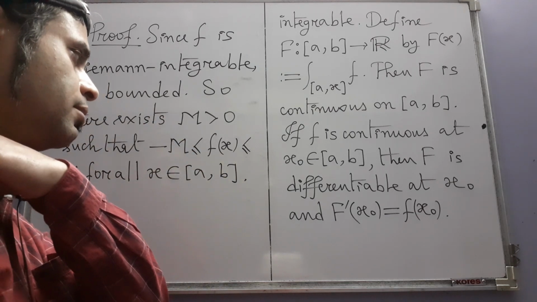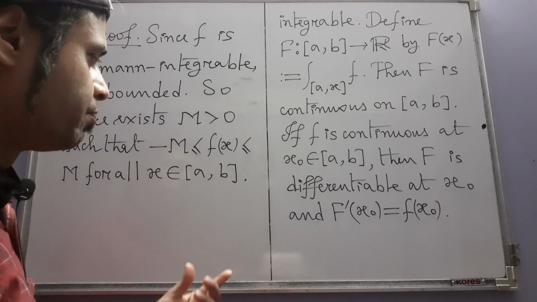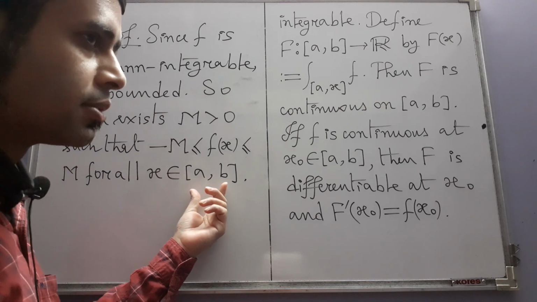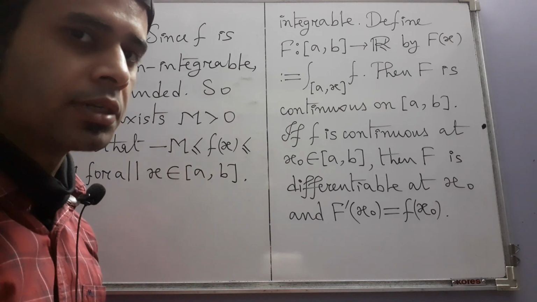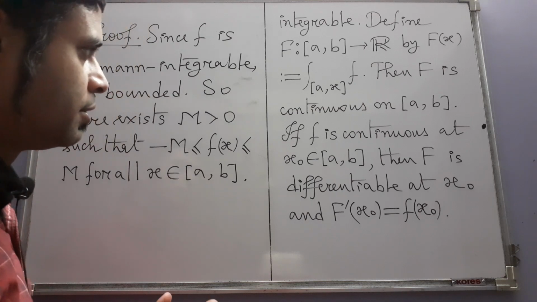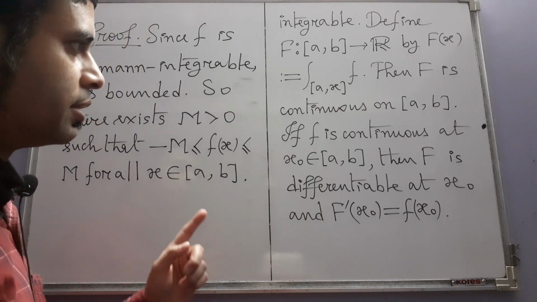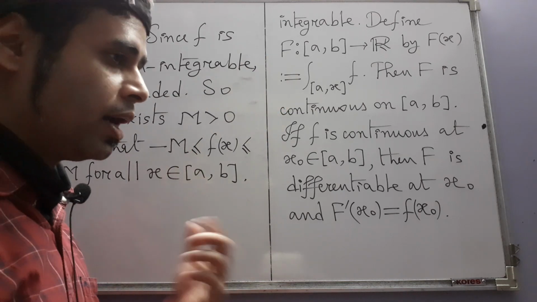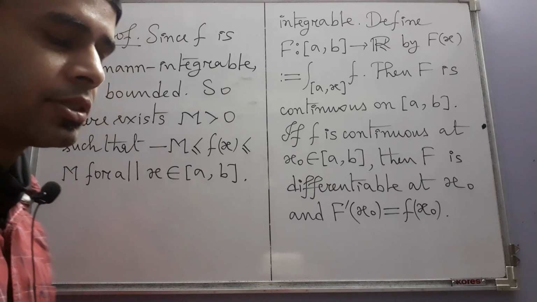Alright. So now next what we do, we are going to choose two points in this interval which are distinct, say x and y, and we calculate the difference of the capital F values of x and y, and let's see what we get.